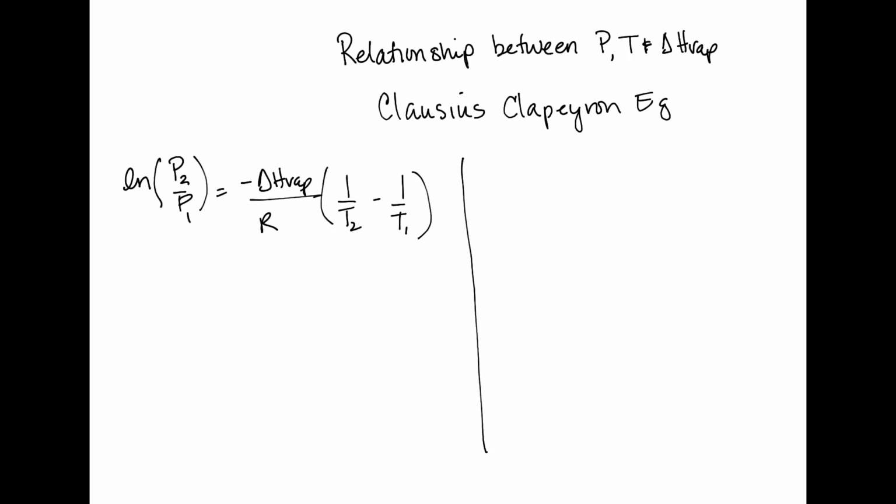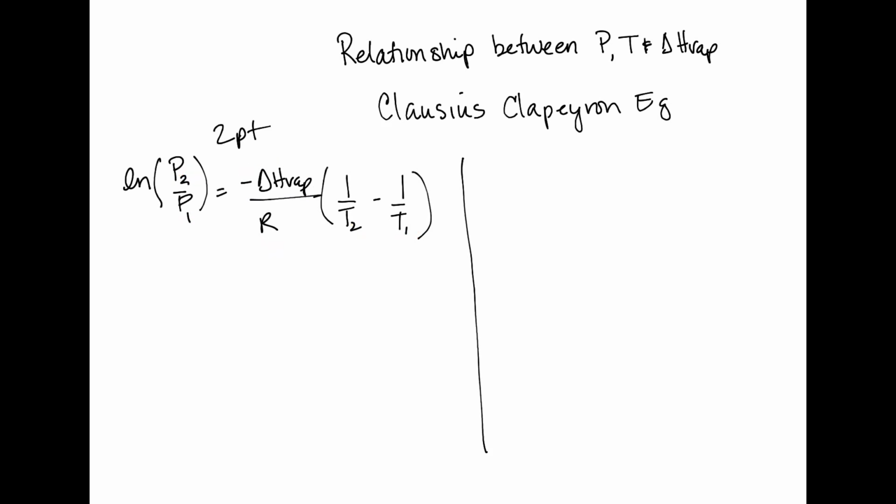So this is the 2-point form because you're just measuring two pressures and two temperatures. But if you measure two pressures, so those are two partial pressures and their temperatures, R is the gas law constant, you can find the delta H of vaporization.